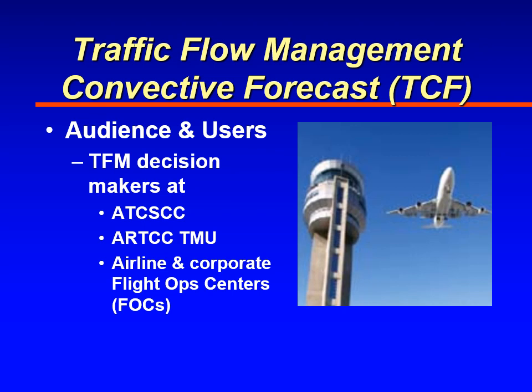For example, at Minneapolis, they have a traffic management unit that determines how much air traffic they can handle going into Minneapolis hubs and also Minneapolis airspace. And then finally also the flight ops centers of the airlines, so that they know if there's going to be delays, and based on that they can either postpone flights or cancel flights.